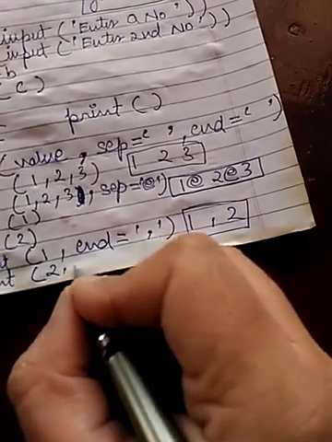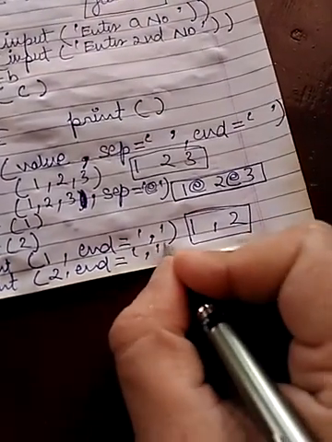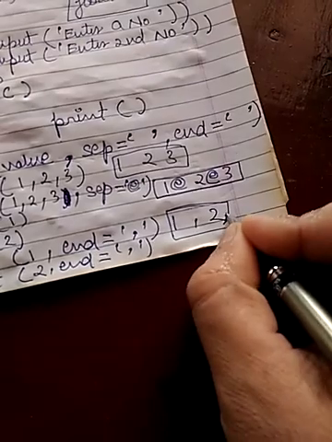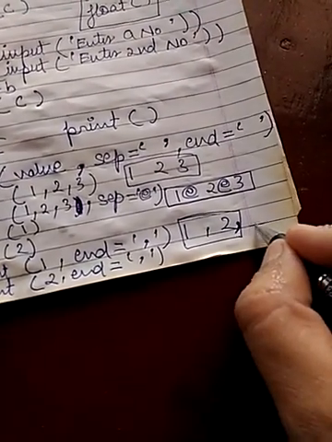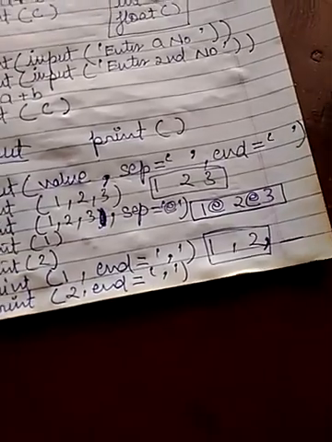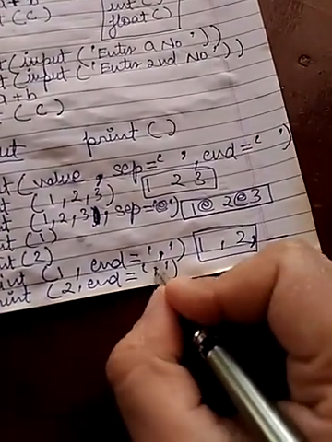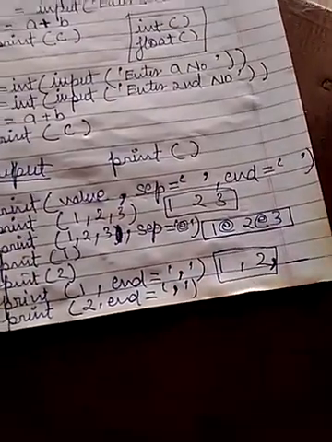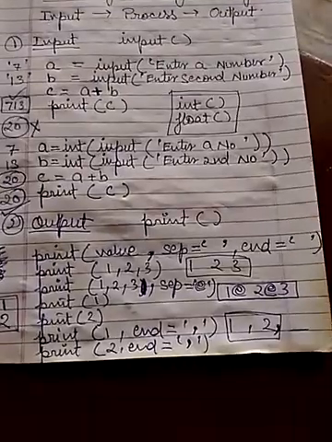If I write this end comma, then the comma will appear at the end of the line and the next value will be printed here. It will not change the line. You can change to any character on which you want to end the line. In this way, print and input statements work.